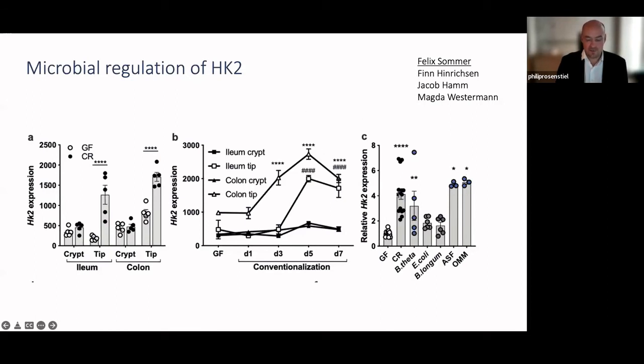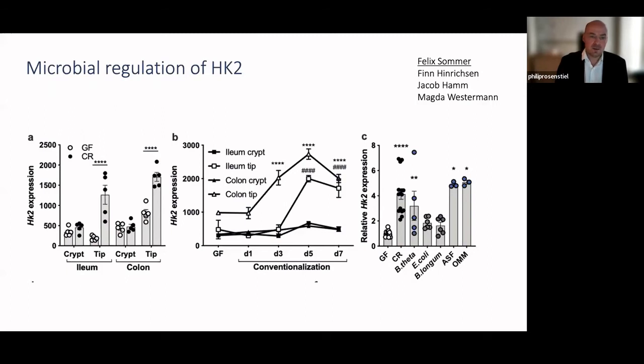So you have germ-free, conventionally raised, and monocolonized. ASF is altered Schaedler flora, the normal flora from the mouse house, and OMM is the microbial consortium that contains certain strains I'm going to refer to in a second. But it's clear that fermenters such as B. theta can also induce this hexokinase 2 expression.